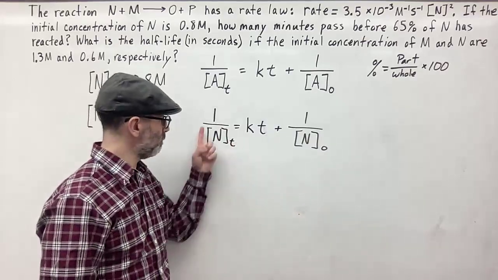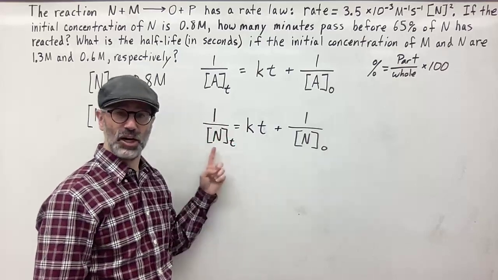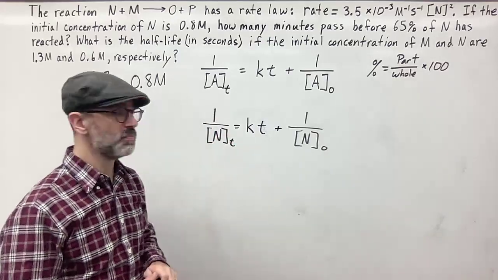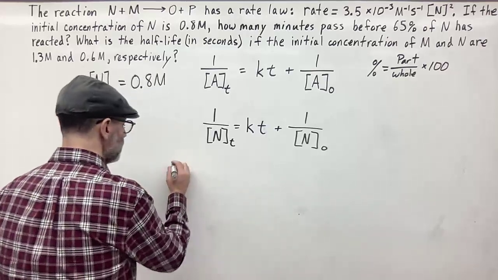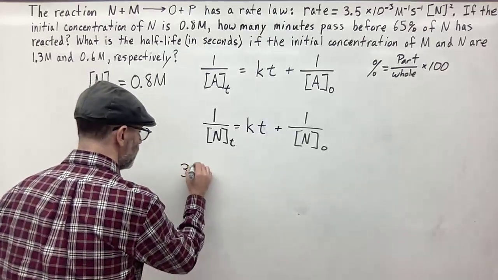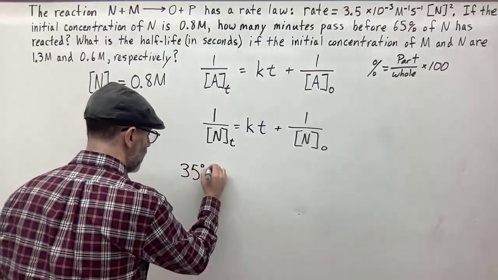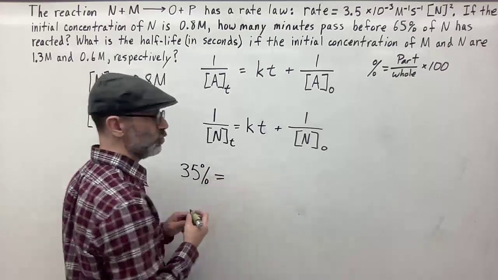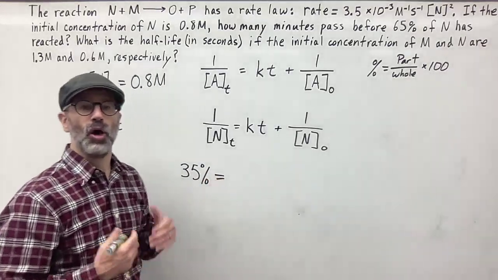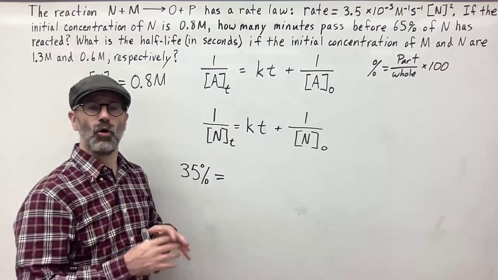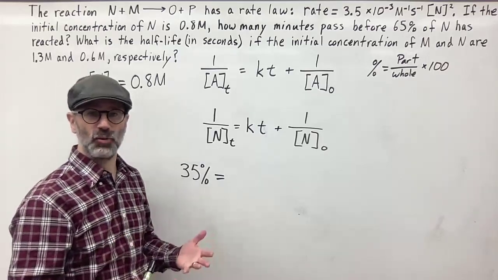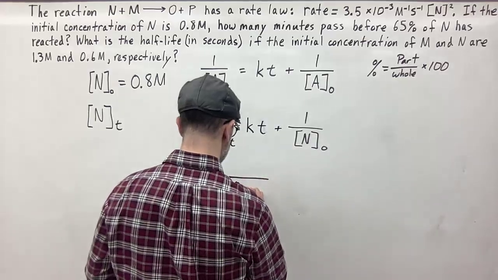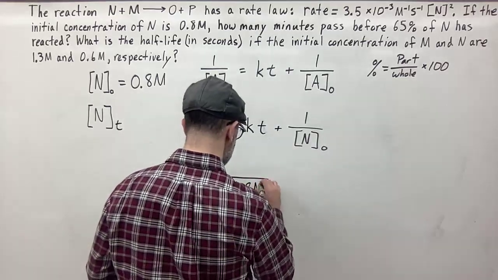So 35% left would be this concentration of N at time t. We can set up our equation using 35%. So 35% is left over. That's going to be equal to the part over the whole. Well, the whole is the total concentration that we started with, right? And that is 0.8 molar.